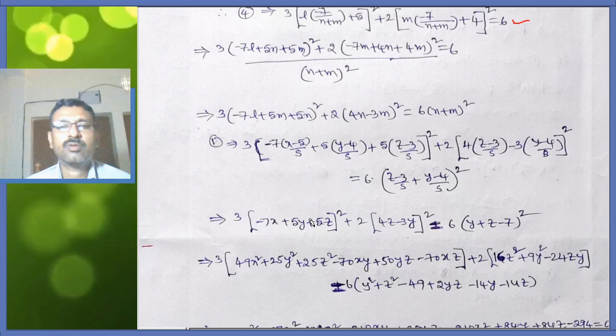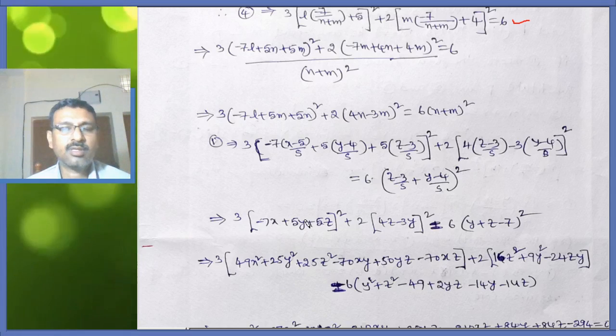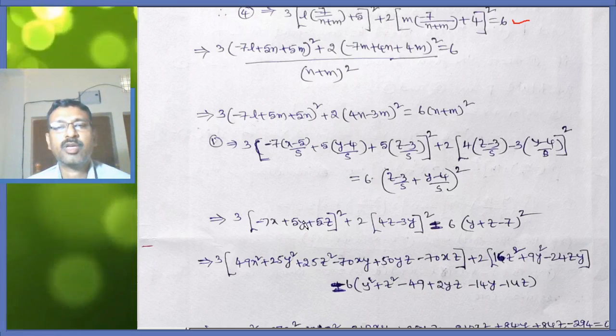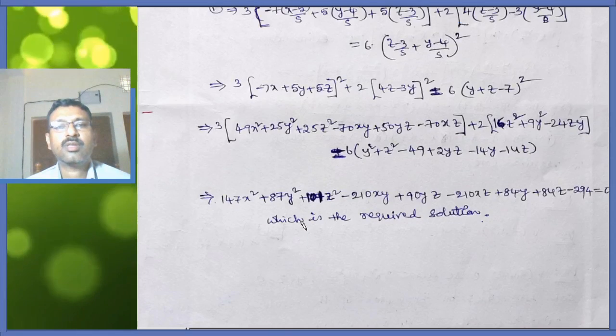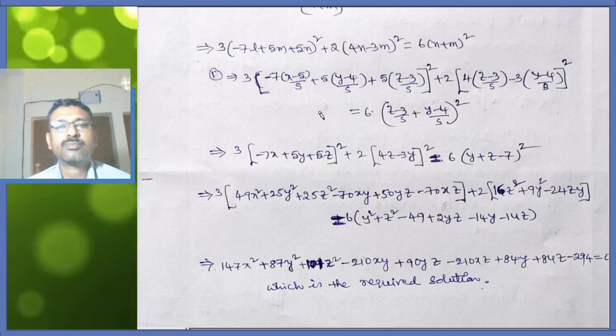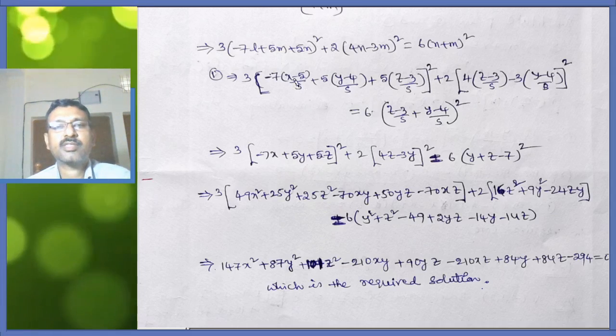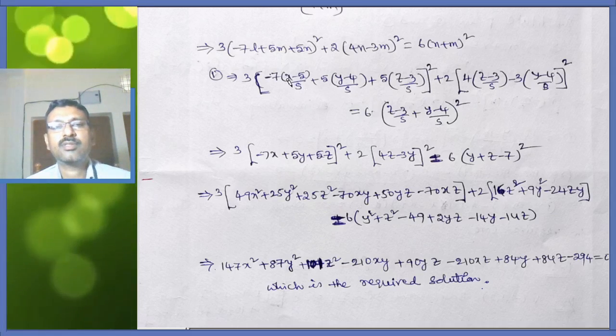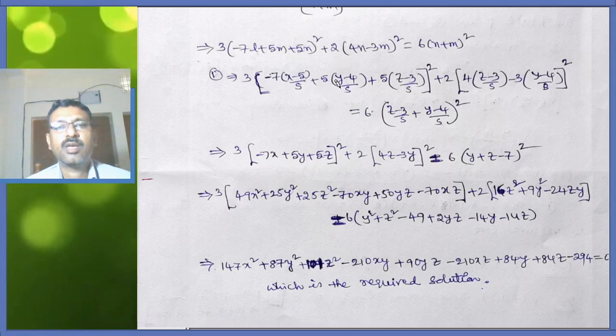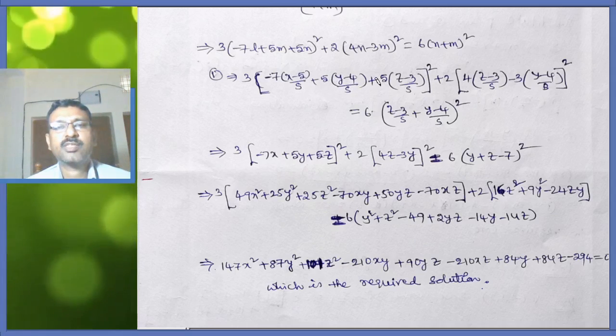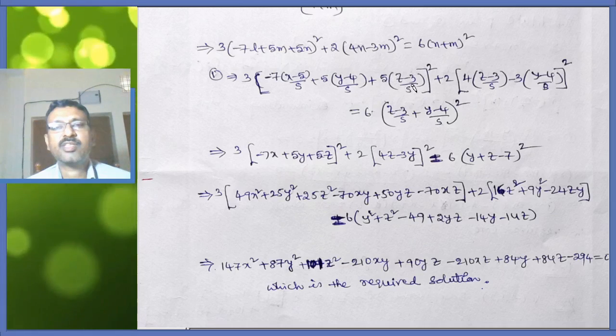So we have s as a denominator in all terms. This is L, x minus 5 by s, plus 5 into y minus 4 by s plus 5 into z minus 3 by s whole square.